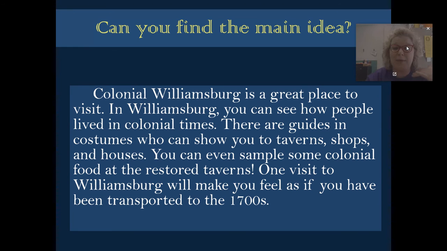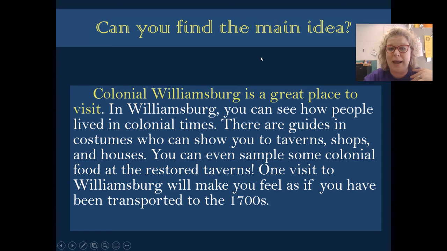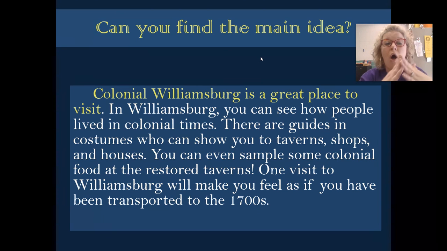Now, let's take a look at what the main idea is. Again, the main idea of this text is Colonial Williamsburg is a great place to visit. That is the most important detail about this topic, which is Colonial Williamsburg. All the other details help to support that Colonial Williamsburg is a great place to visit.